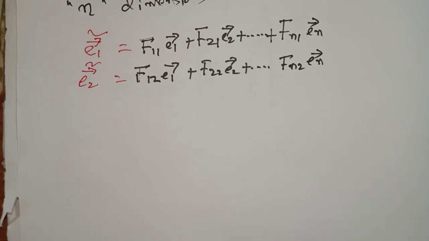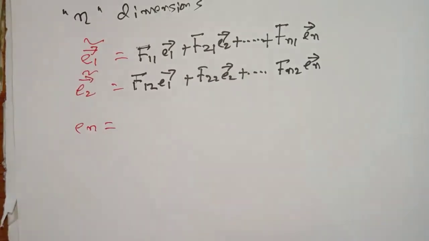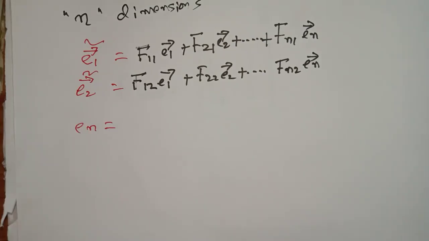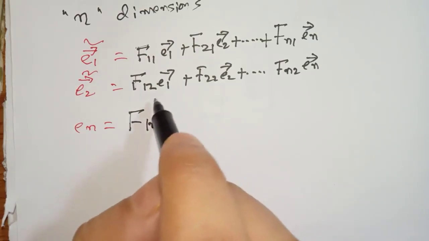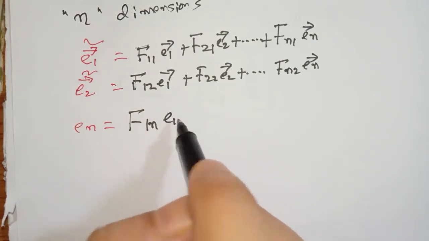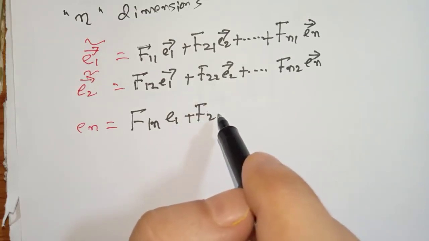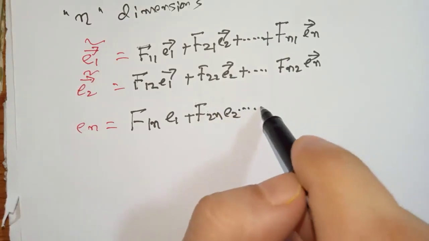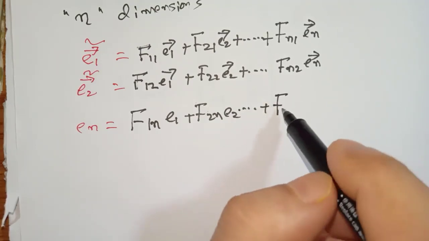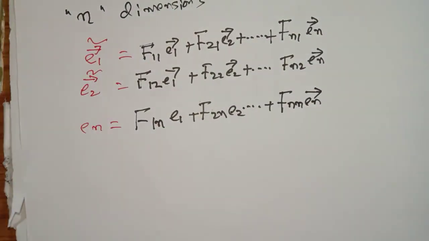Then in order to get En tilde, we follow the same subscripts, but in this case it would be F1n E1 plus F2n E2, dot dot dot, going up to plus Fnn En, with an arrow, right? So these are the ways in which we can generalize.